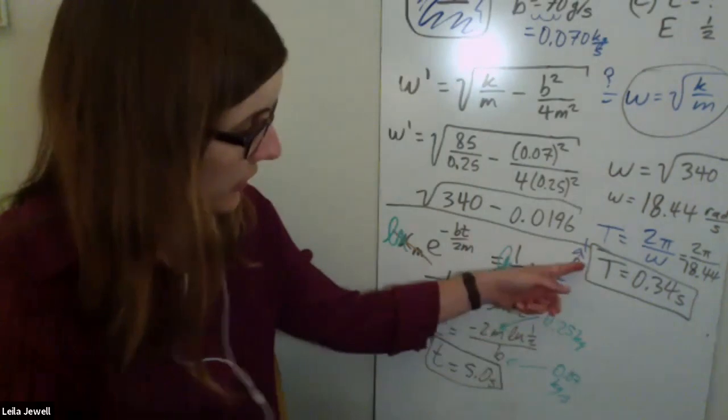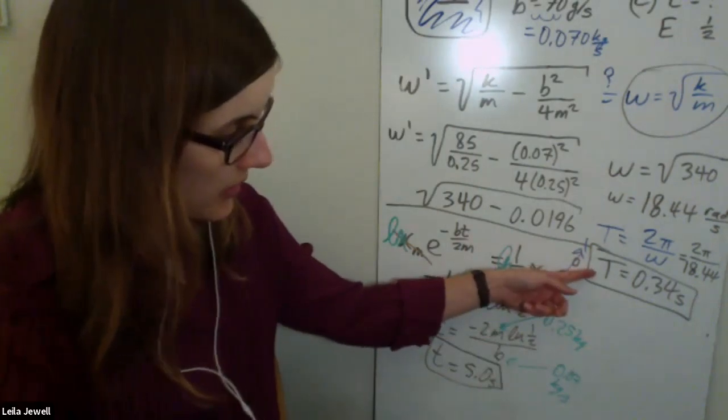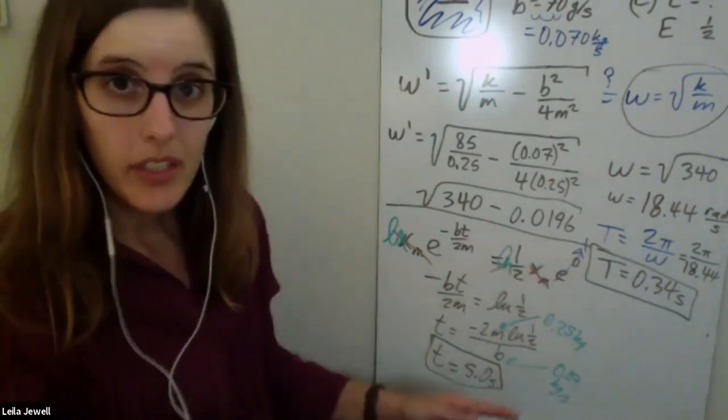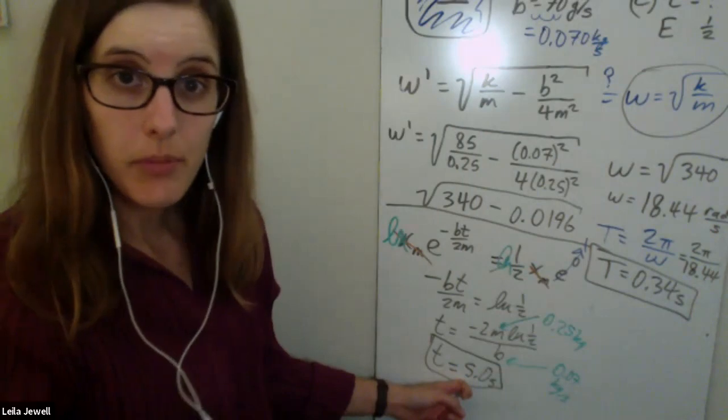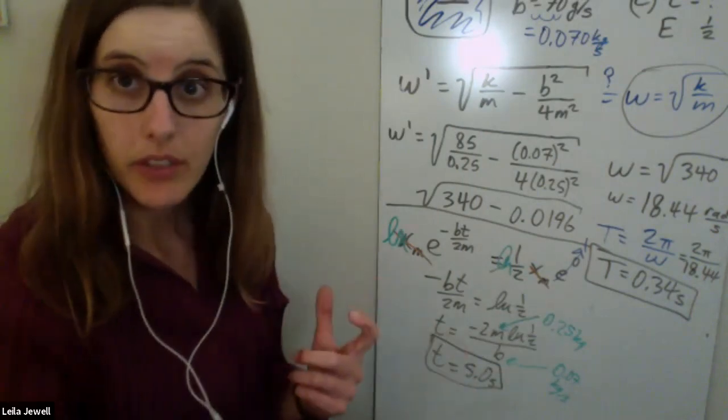So relative to the period, since the period is basically 1/3 of a second, it's going to take about 15 oscillations before the amplitude is half as big.